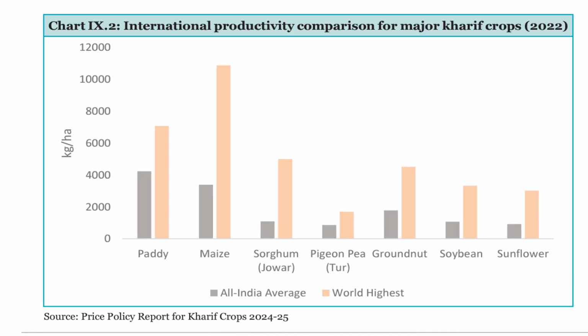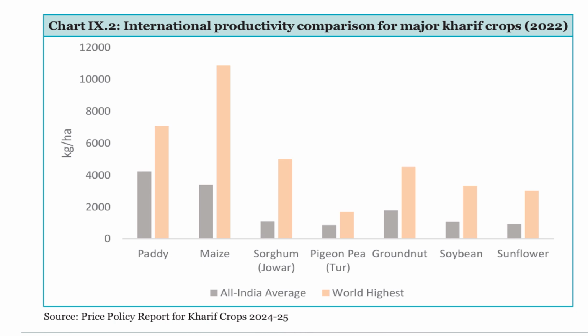Now a very interesting comparison given by the economic survey: international productivity comparison for major kharif crops such as paddy, maize, jowar, tur, pulse, groundnut, soybean, sunflowers. Comparison of all India average and world highest. Basically the comparison is based on yield, how much production in 1 hectare.